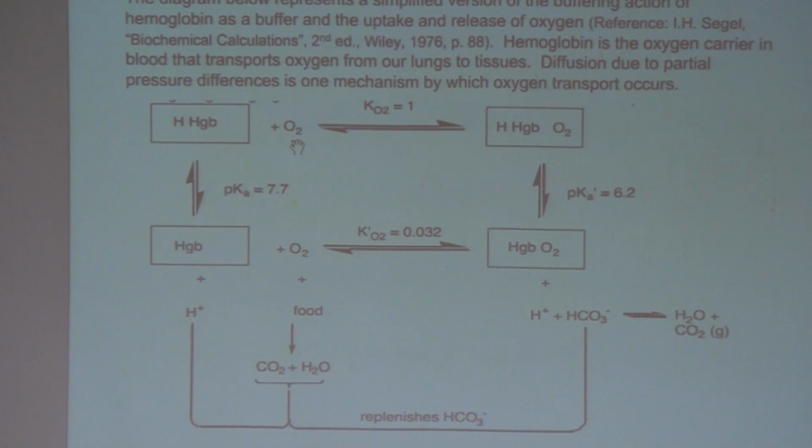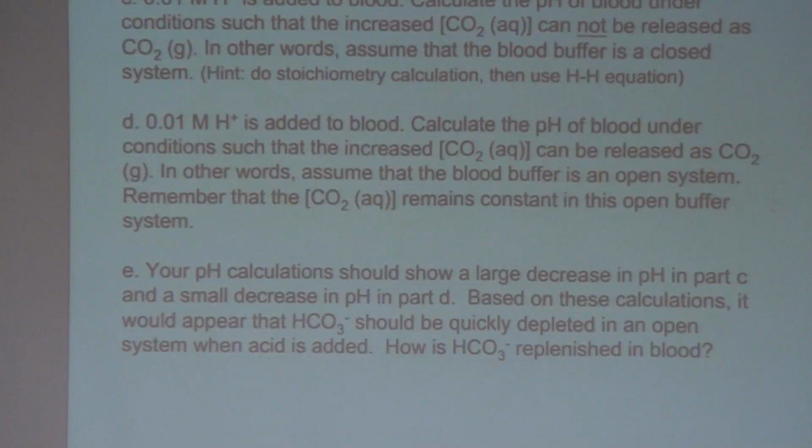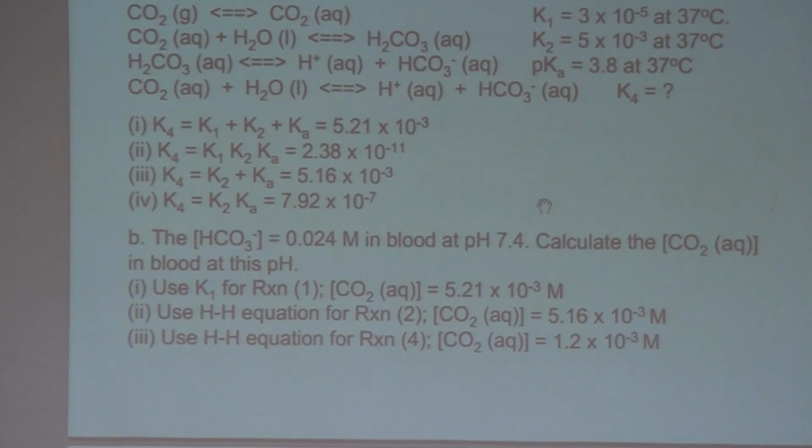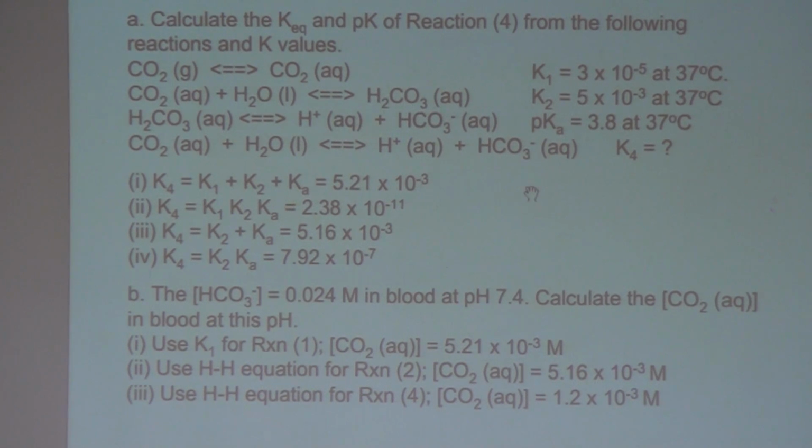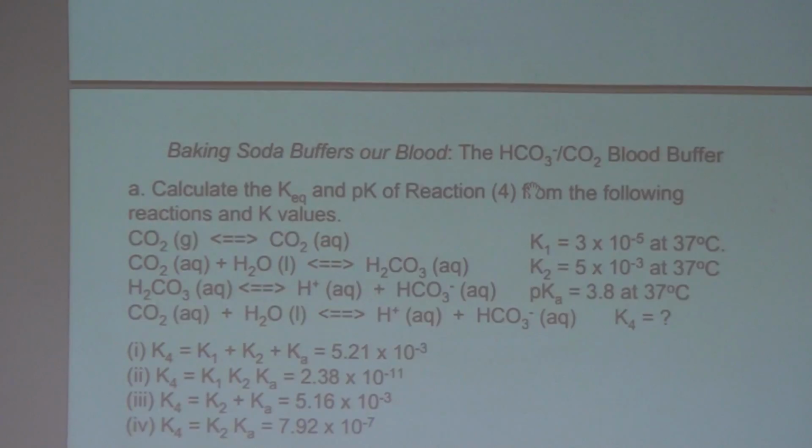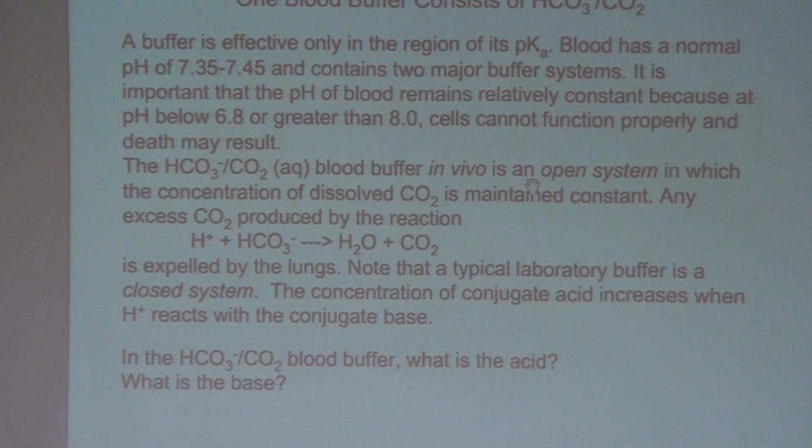It forms HHgbO2. And since the pH of blood is about 7.4, once it forms, it goes around this little circle. So there could be a question on this, or on these blood buffer systems.